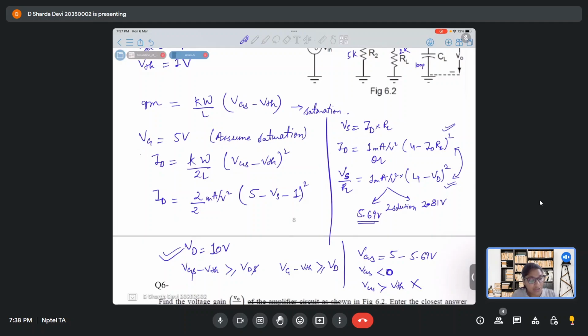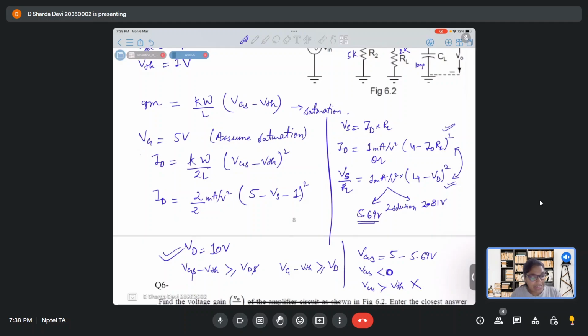One is VGS should be greater than VTH, and second is VGS minus VTH should be greater than VDS. Most of the time, as a habit, we only check VGS minus VTH to be greater than or equal to VDS, and sometimes we forget to check VGS to be greater than VTH, and that is where it causes the problem.